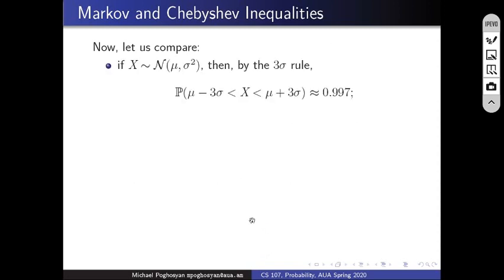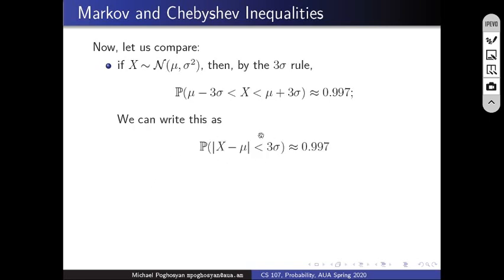So for comparison, we knew by the 3 sigma rule the following. If x is normal with mean mu and variance sigma squared, then x lies in the 3 sigma region of mu, from mu minus 3 sigma to mu plus 3 sigma, with probability almost 0.997. This is our 3 sigma rule for a normal random variable.